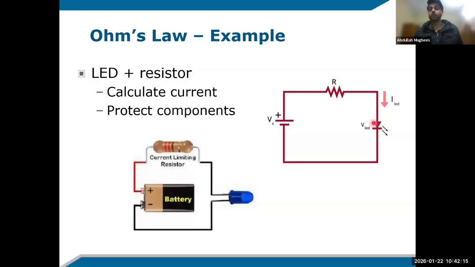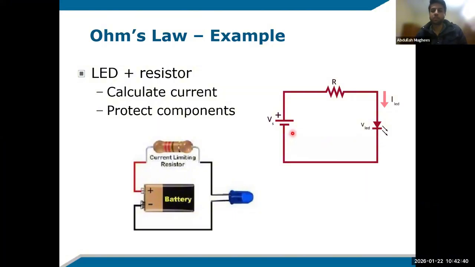It is a triangle with a horizontal line and two arrows pointing outward, indicating that light is coming out. So this is the voltage, this is the resistor, and this is the LED, which we want to turn on. And all of this is a closed circuit. Everything is connected to each other.